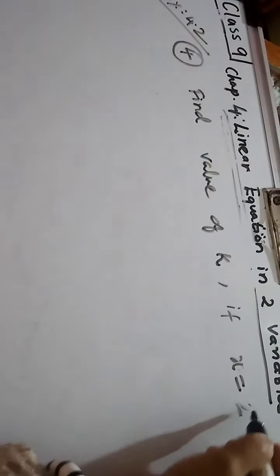Find the value of k if x is equal to 2, y is equal to 1 is a solution of 2x plus 3y is equal to k.